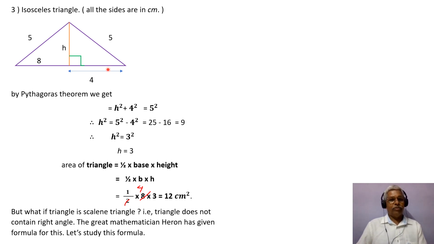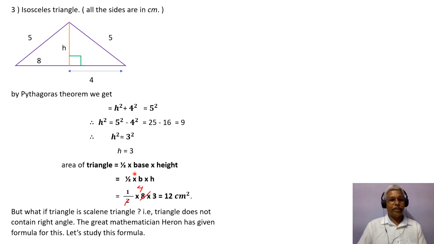So similar way we have tackled this in the last example. By Pythagoras theorem, h square plus 4 square equal to 5 square, or h square equal to 5 square minus 4 square. So that equals 25 minus 16 is 9. So h square is 3 square, so h is 3. So this is 3. It is very simple. We got the value of h.